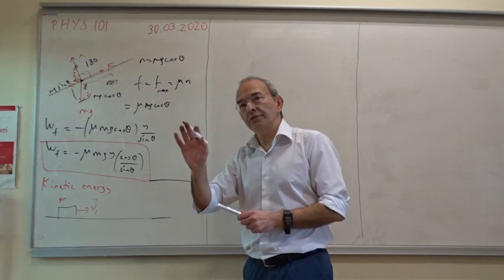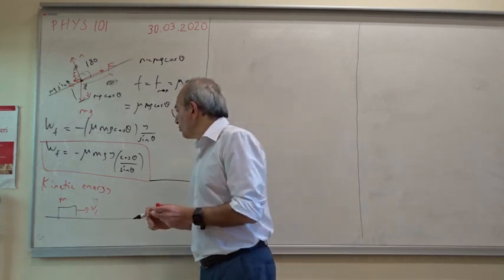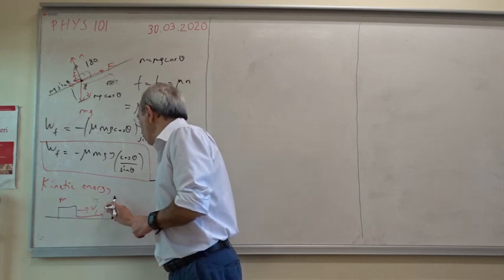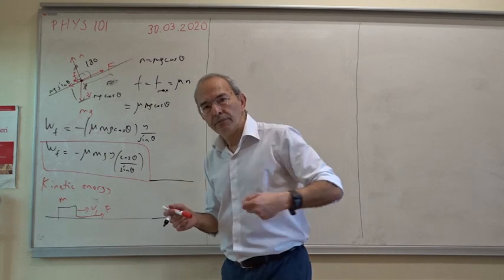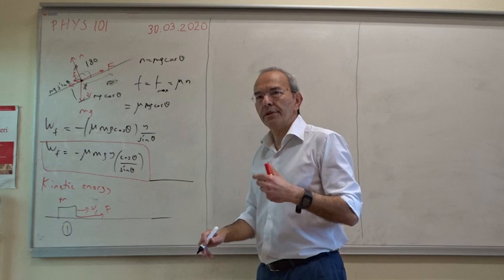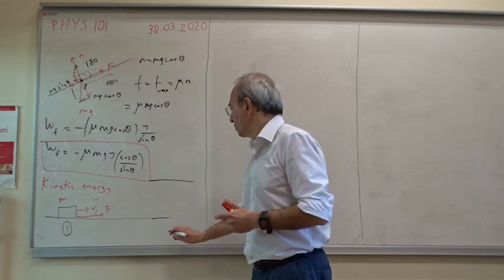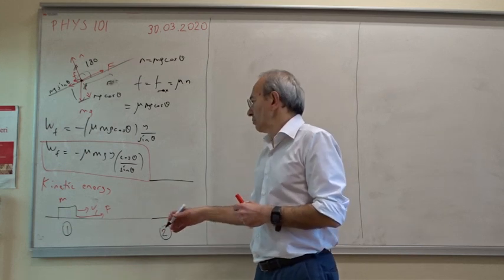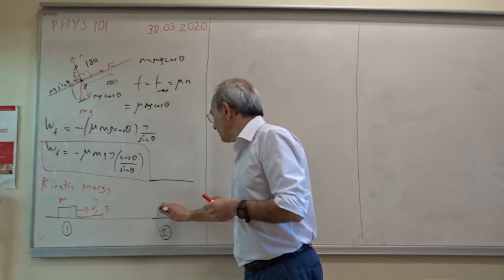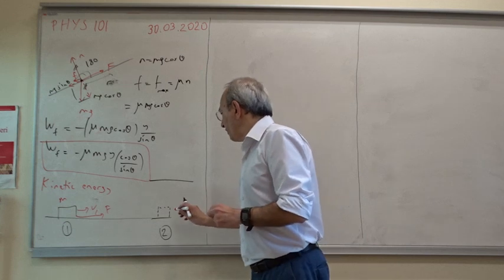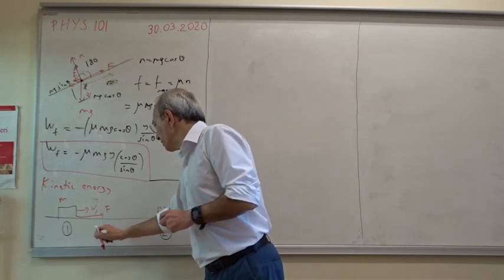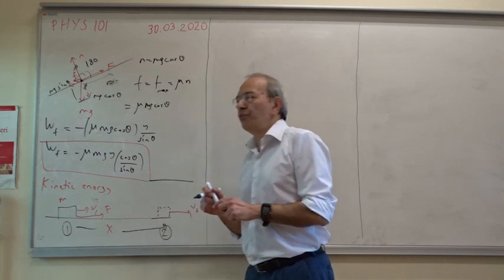And there's no friction, for example. I assume that we pull it by some force F during this motion. This is the initial position, and later on, after a time, it covers a certain distance x, and it is passing by the second position with a new velocity v2. And this displacement is, let's say, x between 1 and 2.